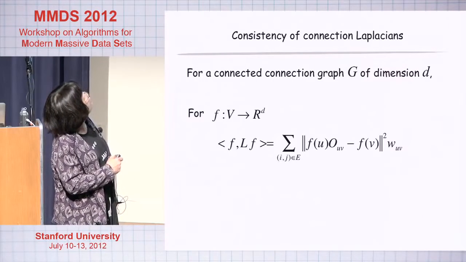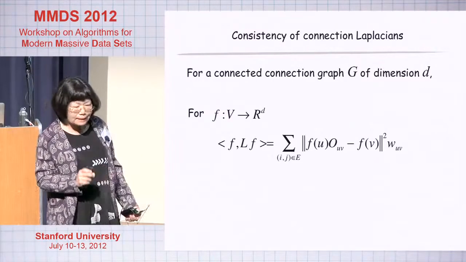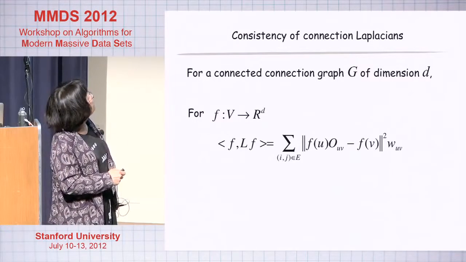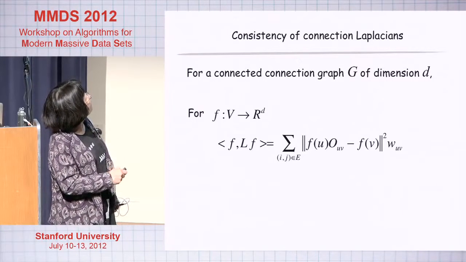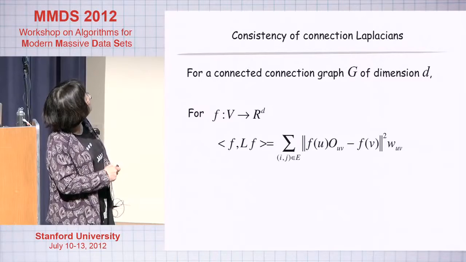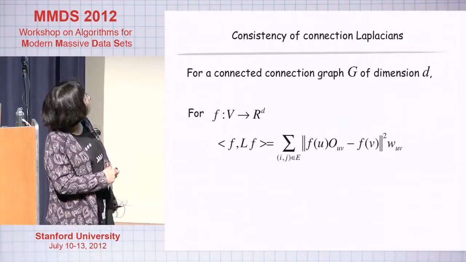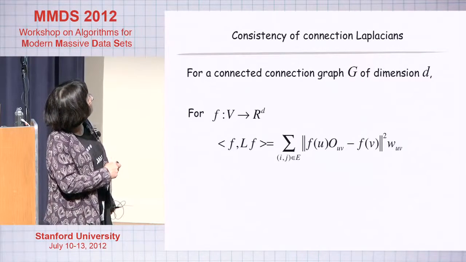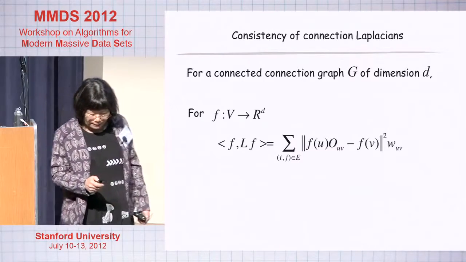So in particular, if it's consistent everywhere, then we want to recover our shape, right? One way to do it is to define this vectorized Laplacian.